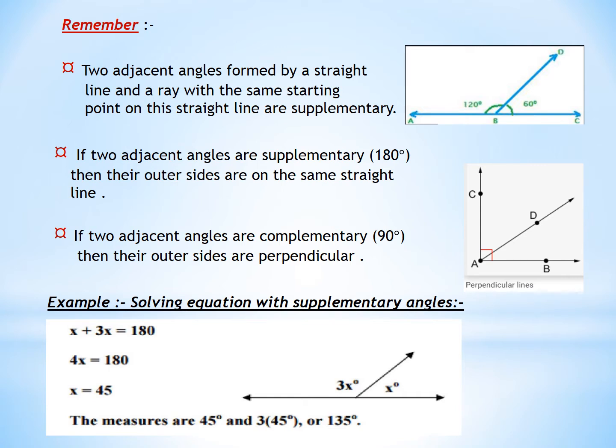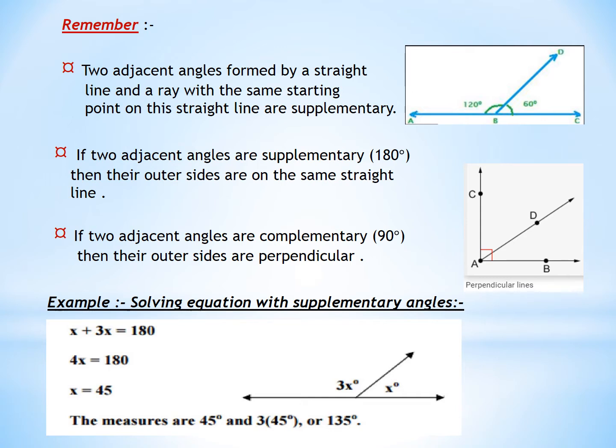Number 3: if two adjacent angles are complementary، يعني هما الاتنين السم بتاعهم 90 degrees, then their outer sides are perpendicular. ما هما 90 degrees يعني عاملين right angle يبقى التو sides دول perpendicular.